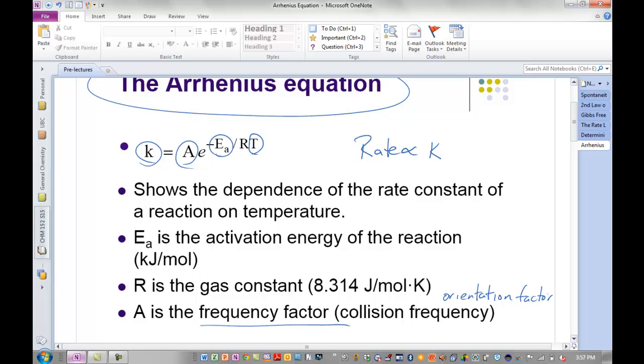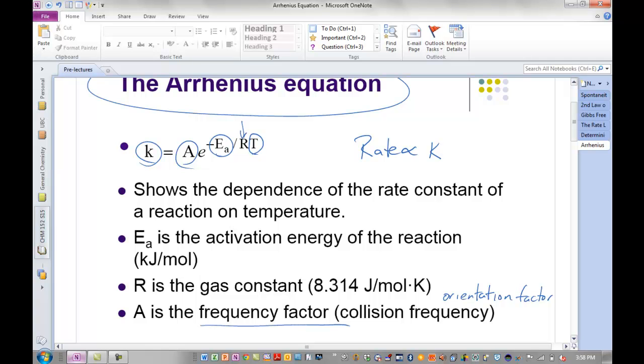This one relatively simple equation puts together a lot of different factors that affect the rate constant and hence the rate: temperature, activation energy, collision frequency, orientation factor. And you'll notice the gas constant is in here. We're talking about motions of molecules, collisions, things like that. It shouldn't surprise you the gas constant is in there.